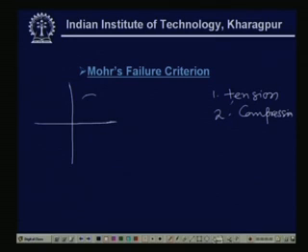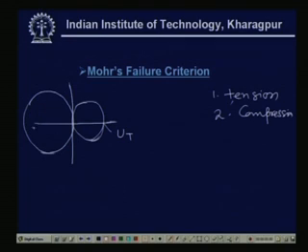Suppose this is UT, which means ultimate in tension, and we got something, this is sigma B, and this is sigma something in compression, this is UC.